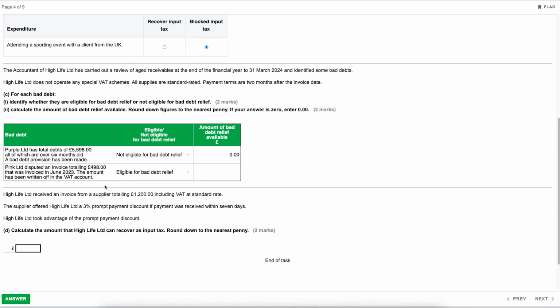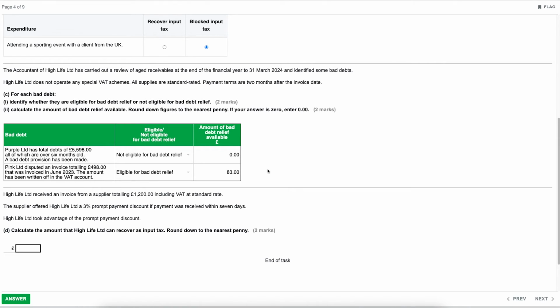To calculate that, we can either do the method that I did before, which is 498 divided by 120 to get 1%, times by 20, or if you want a simple method when you're dealing with standard rate and we've been given the total or gross value, we can just divide by 6 and that will give us the VAT amount. So the VAT amount on this transaction would be £83. Remember, put your 0.00 in.